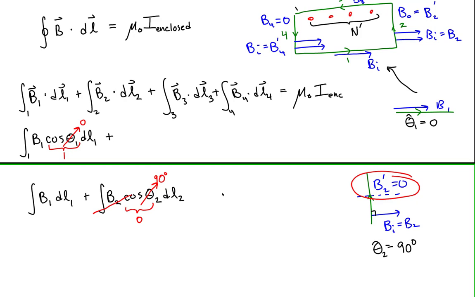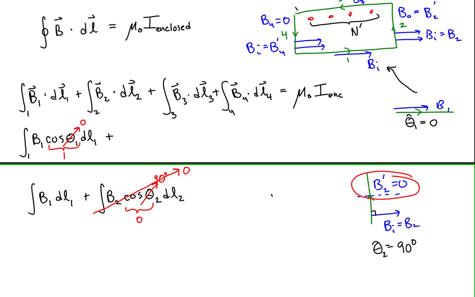So this entire second integral goes to 0. In other words, the line integral along path 2 is equal to 0 because the magnetic field is either perpendicular to the path or the magnetic field is 0 along the path.